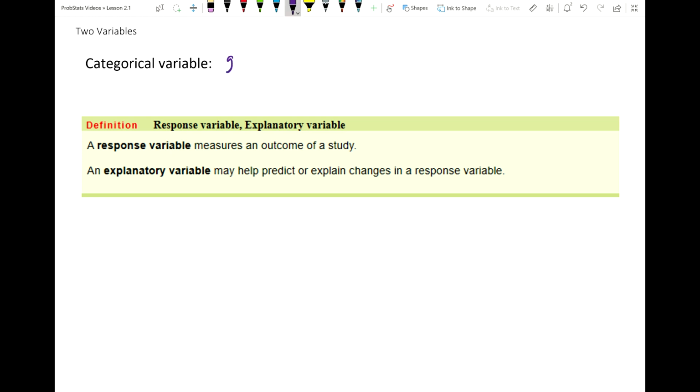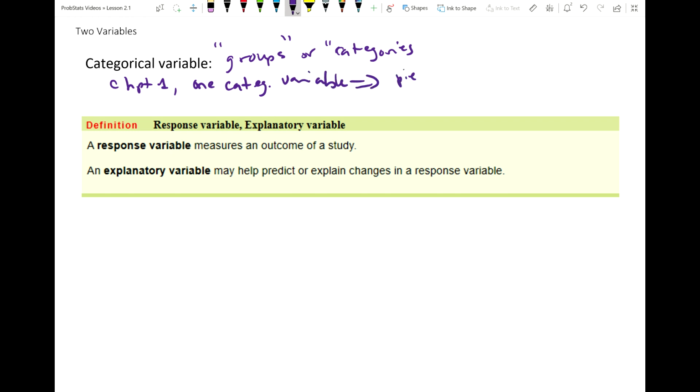So categorical variables are like groups or categories. For example, a categorical variable like blood type is a category or a group.